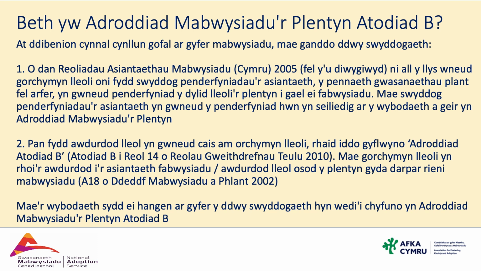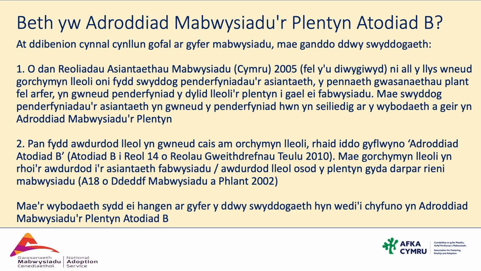And when you apply for a placement order, you have to file what's called an Annex B report, and that's Annex B to Rule 14 of the Family Procedure Rules. And the Annex B report actually contains a lot of the same material which is in the child's adoption report, in the CAR report, and that's why we've put them together, so you only have to have one report for both of these functions.